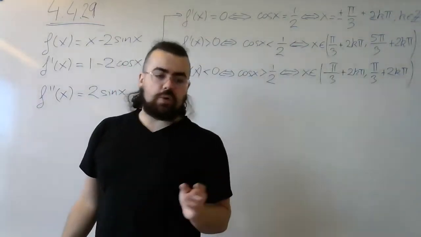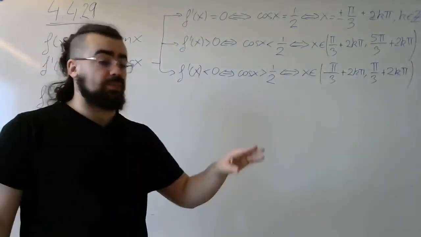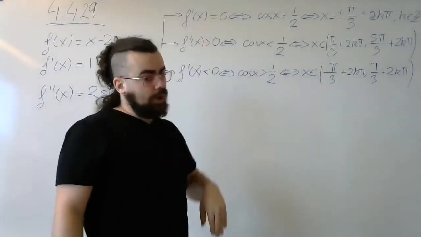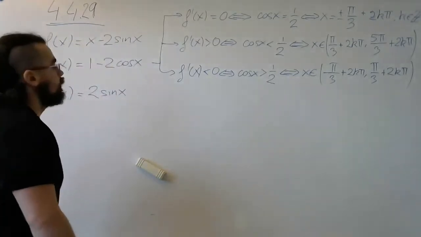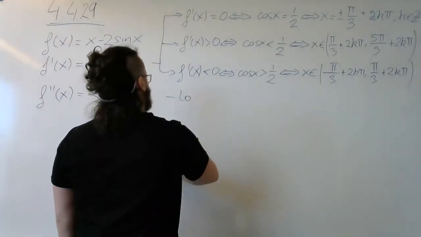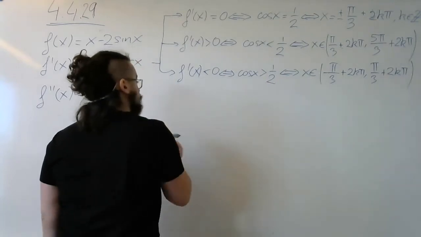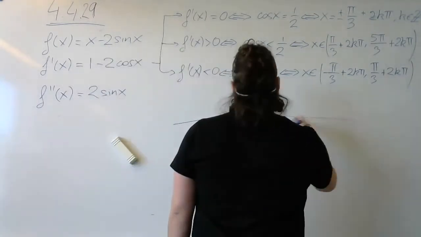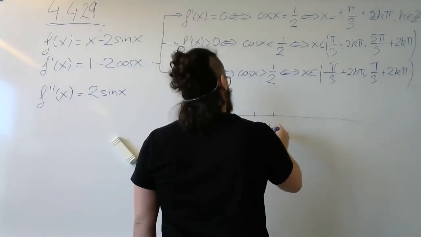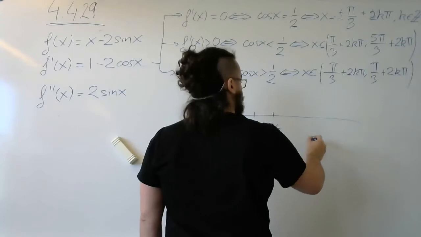Good. So now we know when the function goes up, when the function goes down, and more importantly, where the inclination changes. So if you come here, we have 0, minus pi thirds, plus pi thirds.